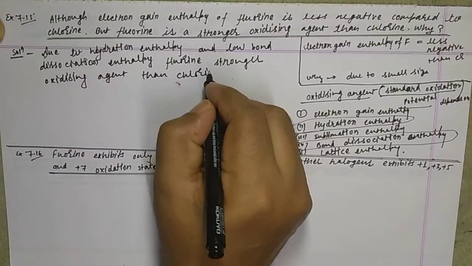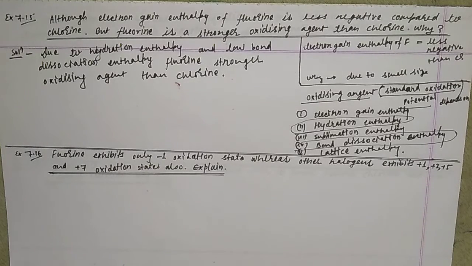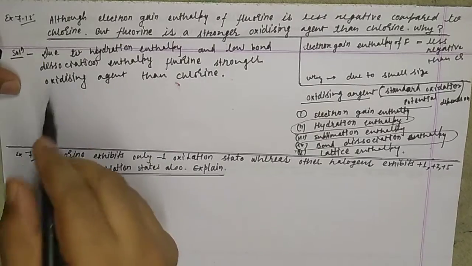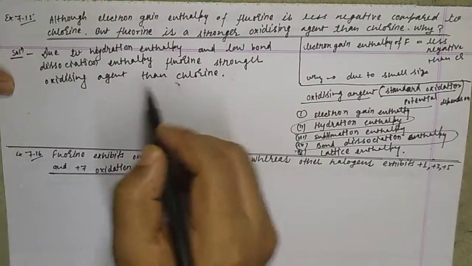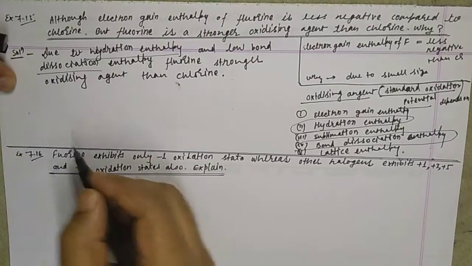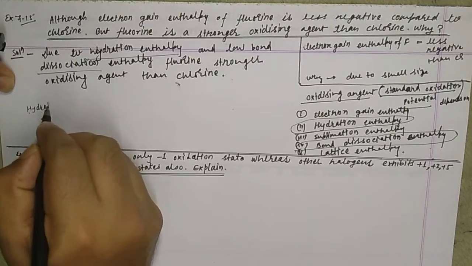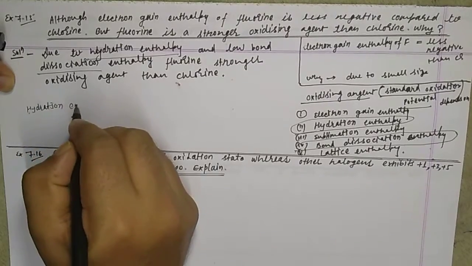Now, to understand this in a more useful way, let's look at the two factors, bond dissociation enthalpy and hydration enthalpy.